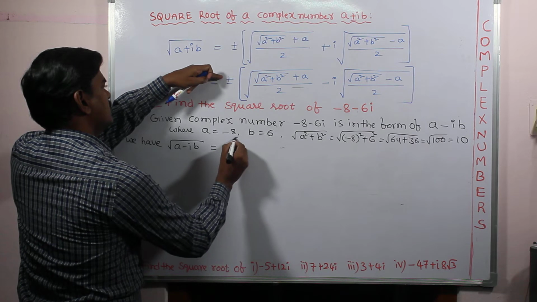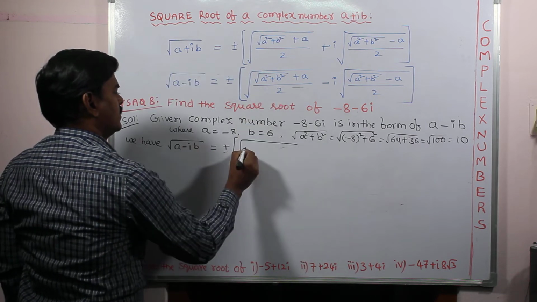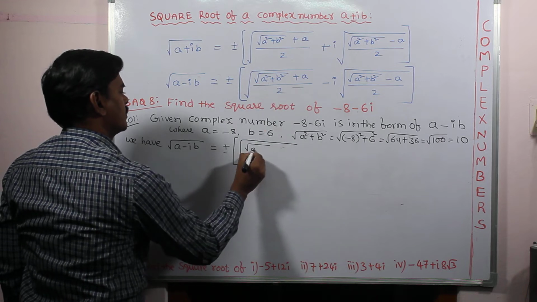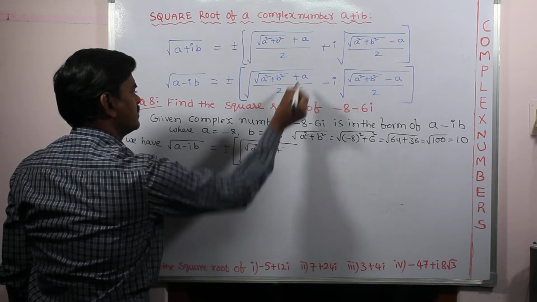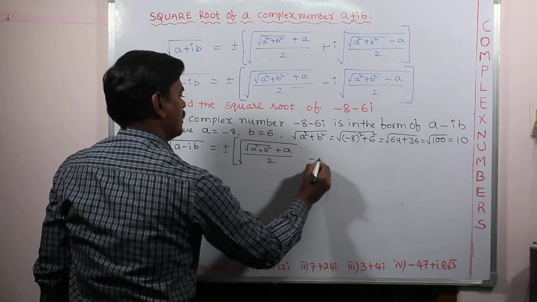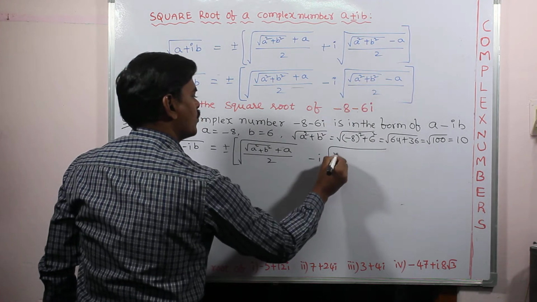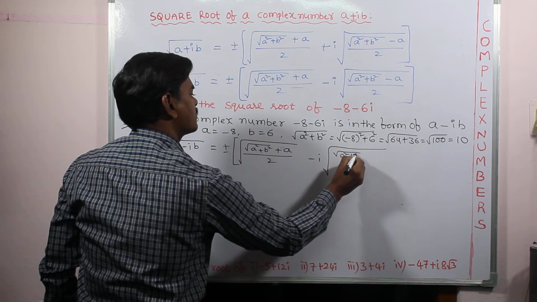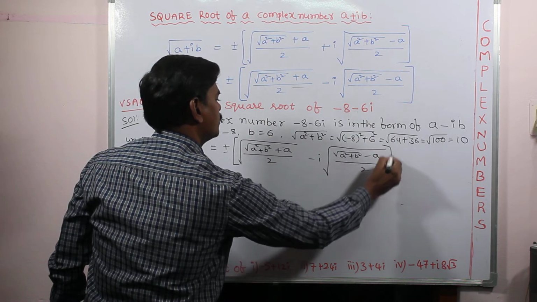Plus or minus root over, and it is better to learn this formula by heart. Write carefully, so many square roots are involved, so don't get confused. Plus a whole divided by 2, minus iota into the big square root, under that the small square root a square plus b square minus a whole divided by 2.